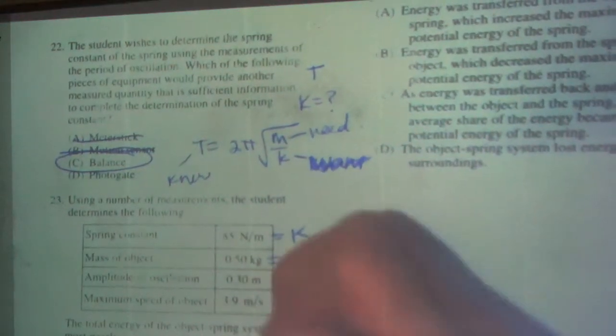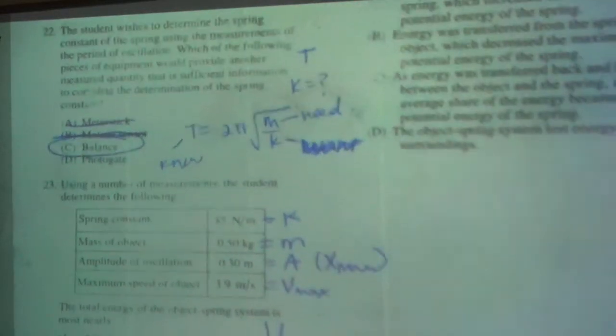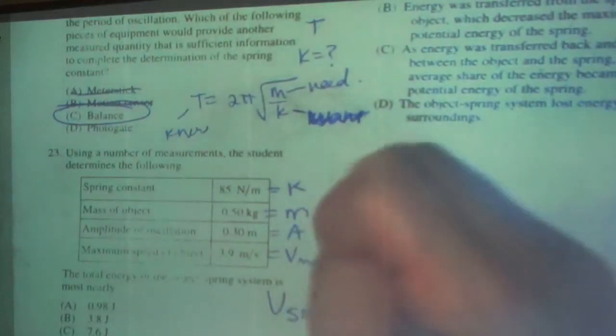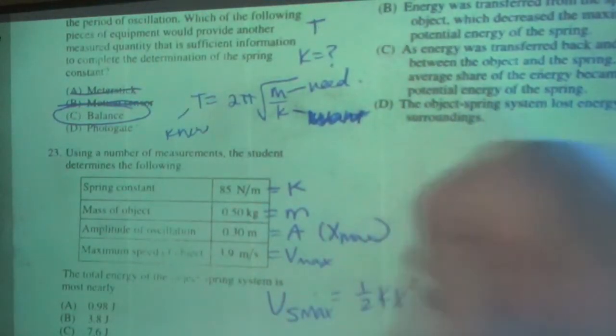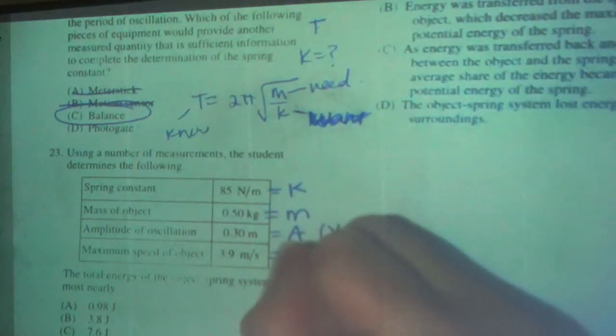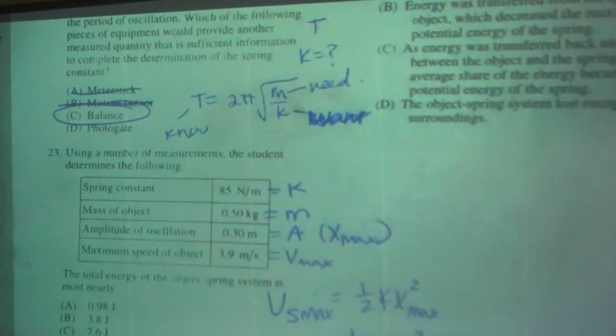So we have two types of energy. We've got the spring energy, and we also have the kinetic energy. I'm going to find the maximum spring energy, so that would just be 1/2 k x squared when I use the max x, and then the maximum kinetic energy would be 1/2 m v squared where I use the maximum velocity.